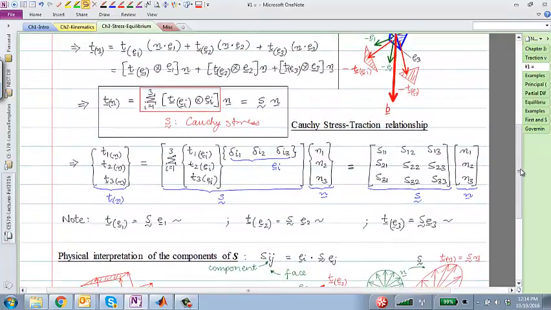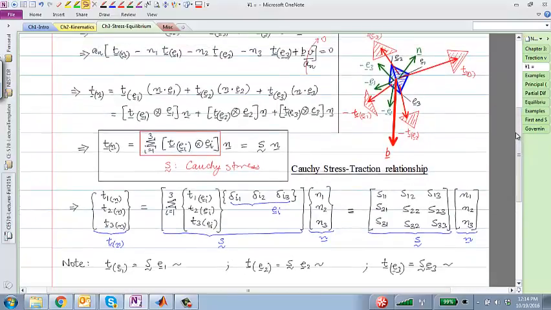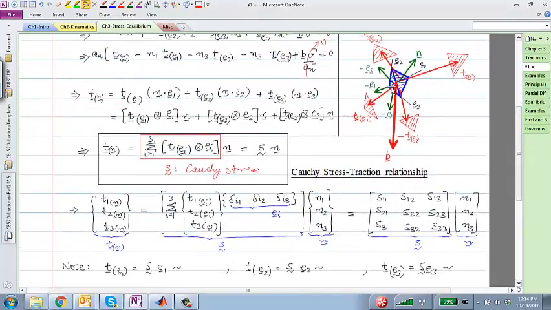Here are a few more physical interpretations of the components of this traction vector. Let's say my 9 components of the stress tensor are given in this manner, S11 to S33. If I take the stress tensor and act it on a face with normal E1, which is, this was minus E1. E1 would obviously be pointing in that direction.